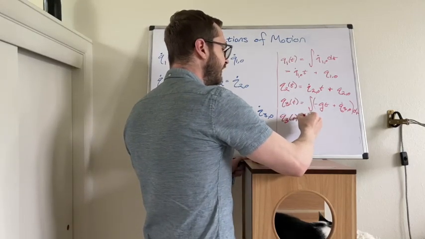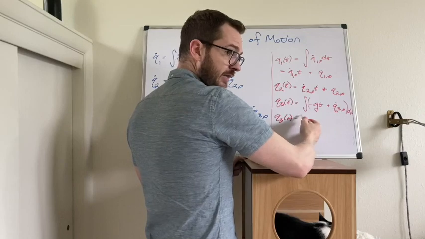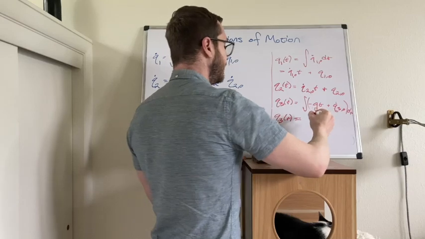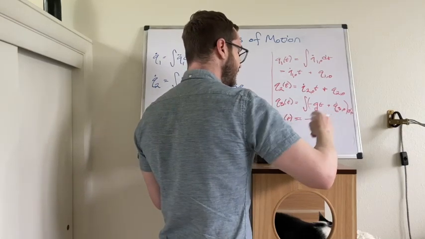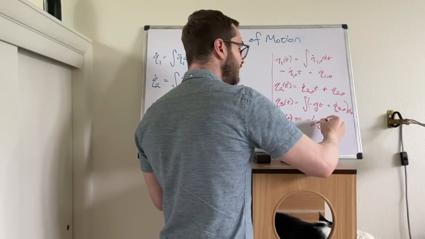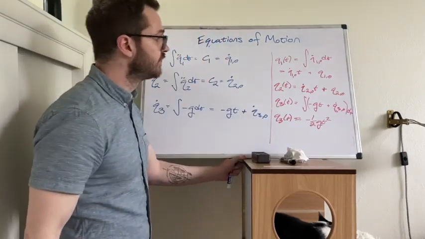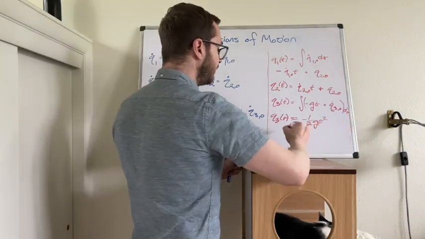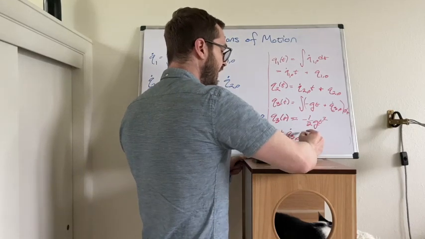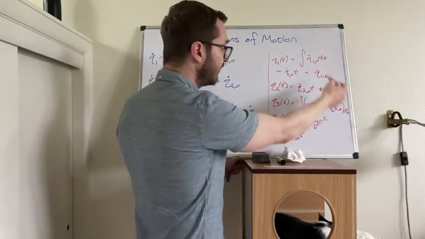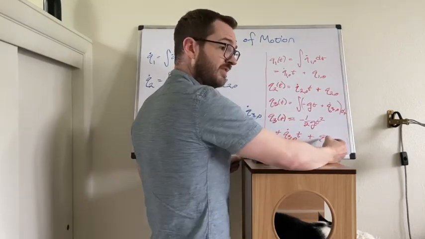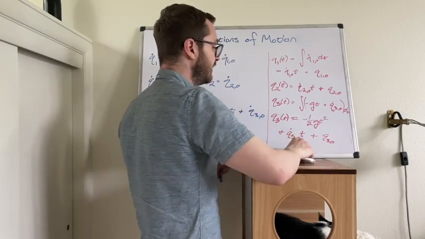Q3 as a function of time is equal to, when you integrate the negative gt, and remember we're integrating it with respect to time, we will get negative 1/2 gt squared plus the second term, so plus Q3 dot sub naught multiplied by time. And remember, as with the previous cases, there is an integration constant, and that is going to be the initial position. So Q3 sub naught.